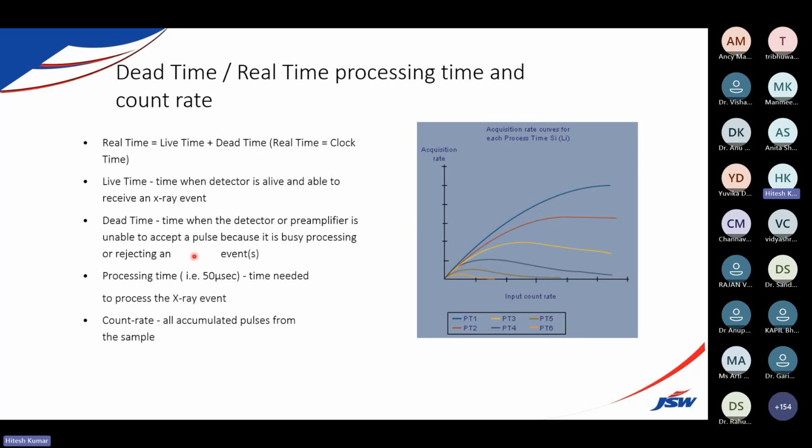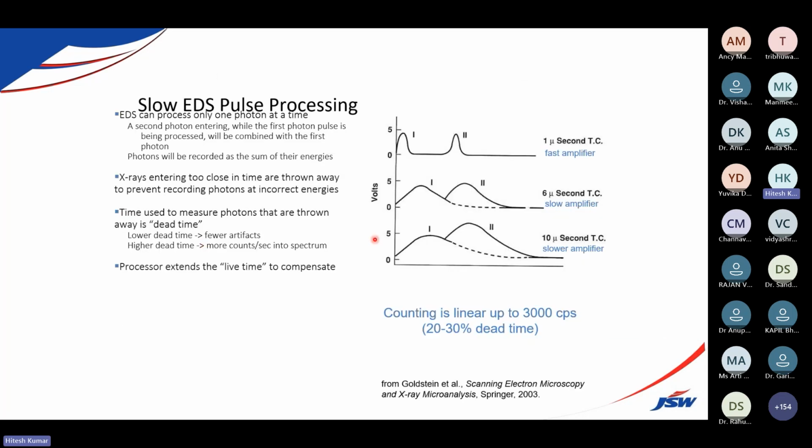Processing time, let's suppose, is 15 microseconds needed to process an X-ray event. But overall it depends on how many counts per second (CPS) you are going to get from your sample, how much X-ray is emitted from your sample. EDS processes only one photon at a time.